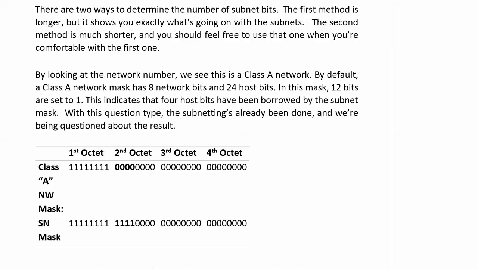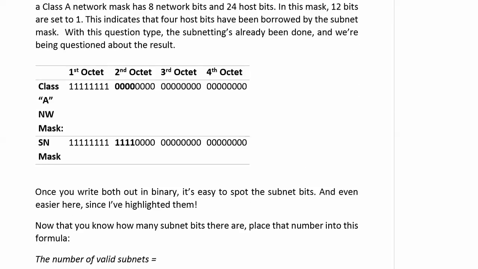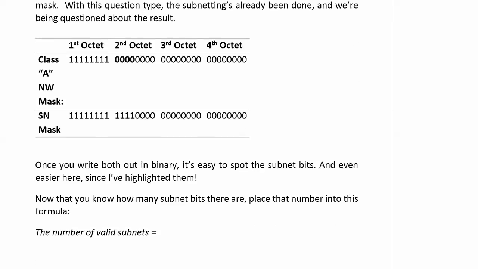Now, once you write it out in binary, and again, do this until you're totally comfortable with it, it's easy to spot the subnet bits because they're going to be where the subnet mask has 1s and the network mask has 0s. Those are the subnet bits. And I hate that this got split across 2 pages, but that's okay. Because once you know how many subnet bits there are, you just need to put that number into a formula. And I hate to even say formula.